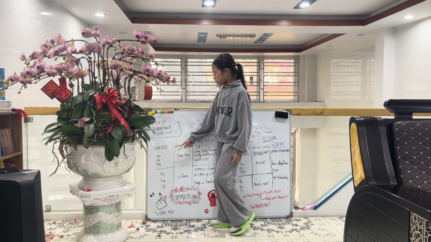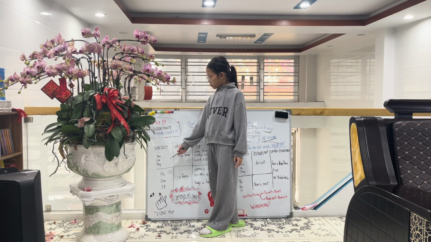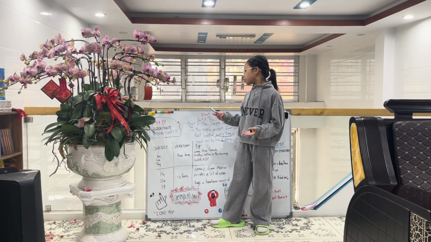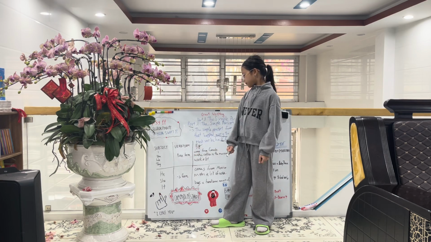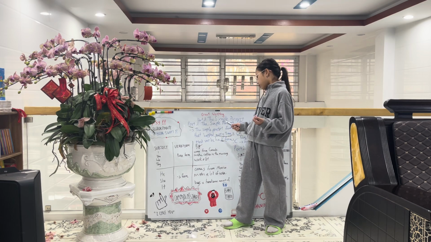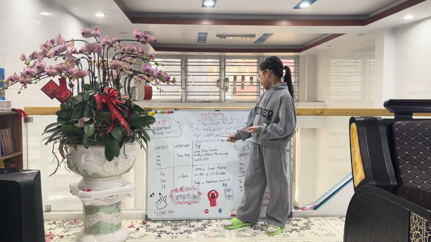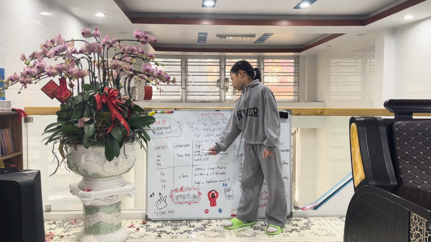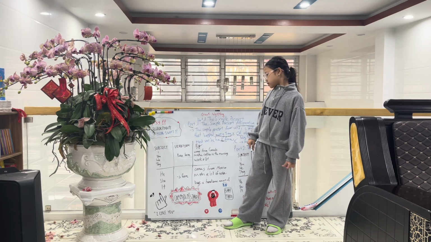First, the subjects I, you, we, they will go with the base form. For example, I come from Canada. You make coffee in the morning. We work a lot, etc.